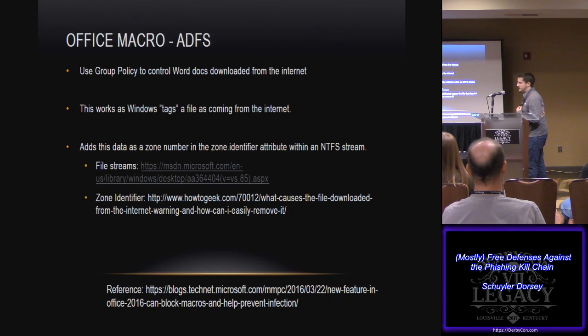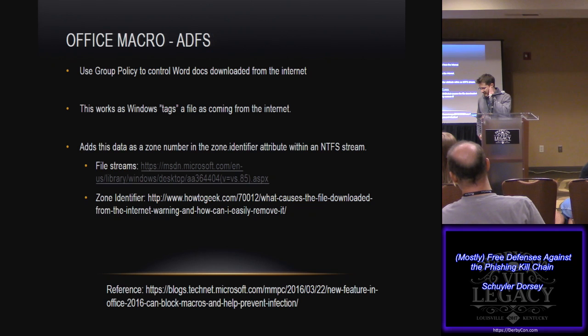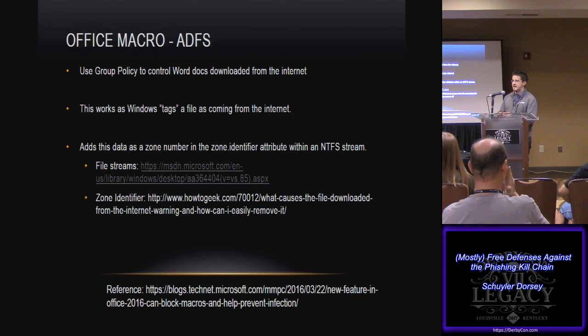So for the next two detections, there's one interesting thing about Windows that is important to understand and how we're going to deploy them. Whenever a file is downloaded from the internet on a Windows machine, it actually uses an alternative data stream to tag an attribute of it, saying hey, this came from the zone internet.